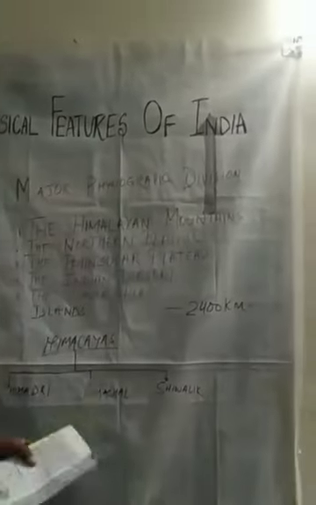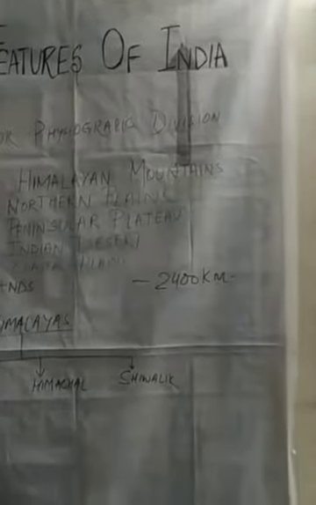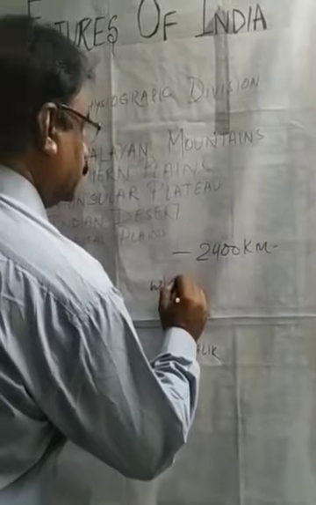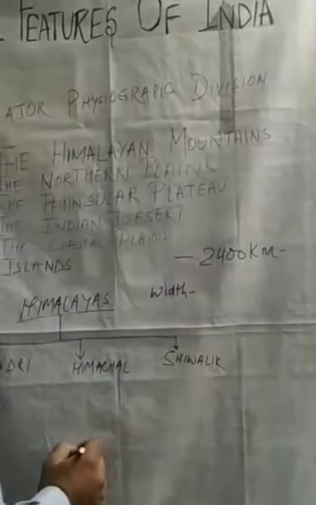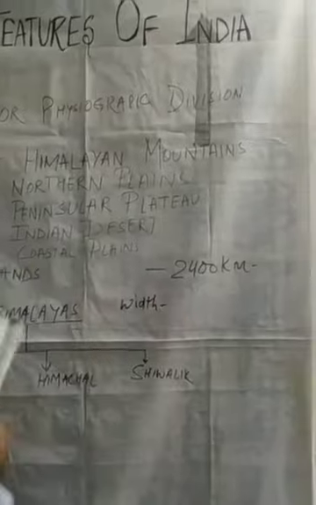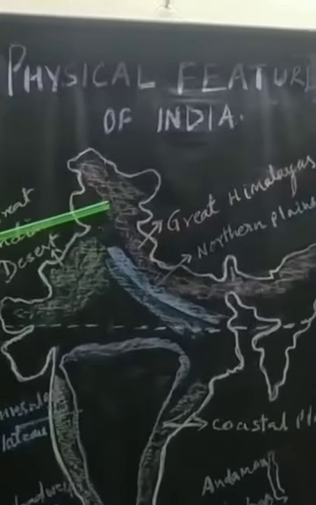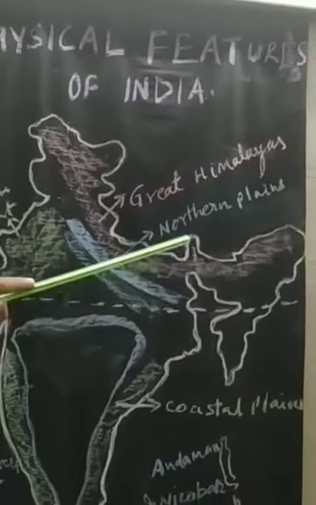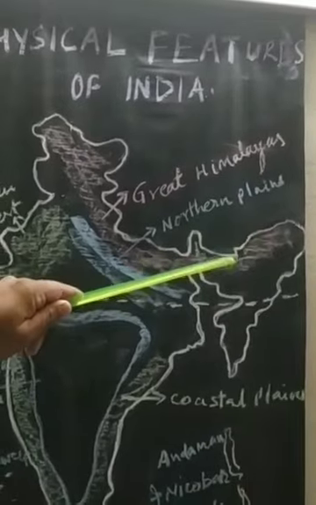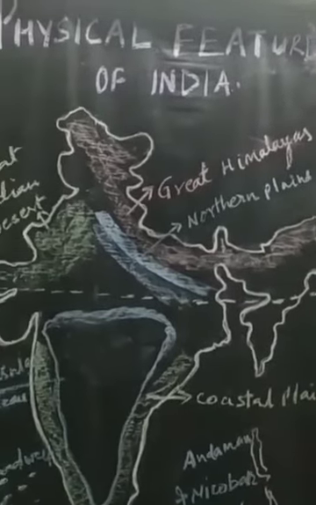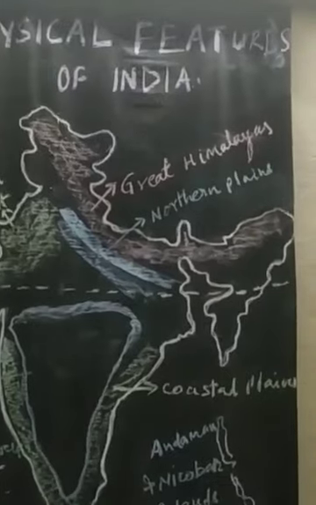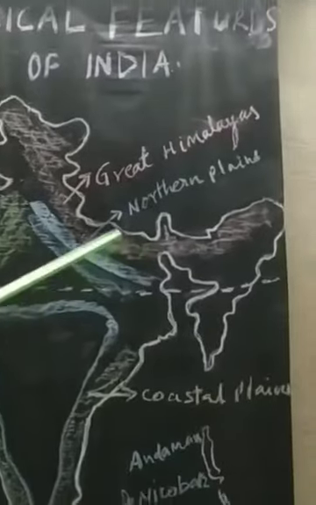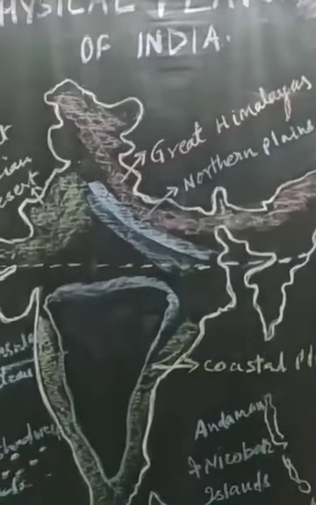Their width varies from 400 kilometers in Kashmir to 150 kilometers in Arunachal Pradesh. So it is clear they are broader here, and their width reduces towards the east.